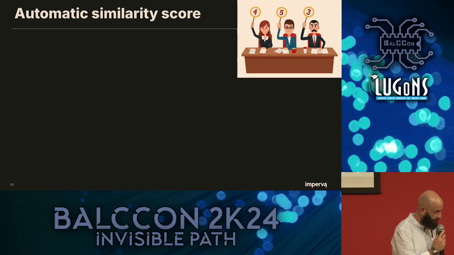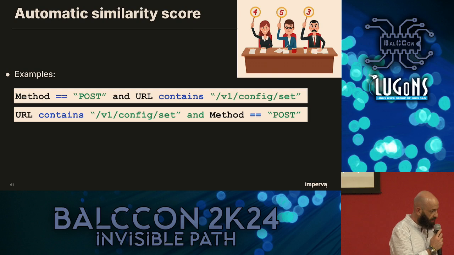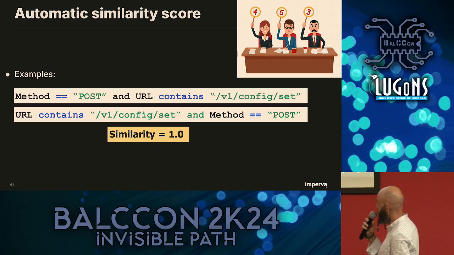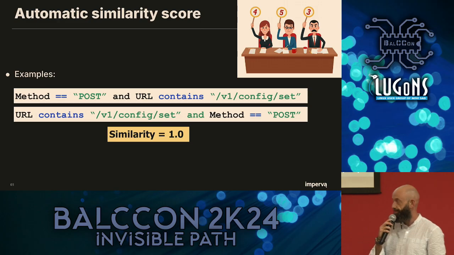Let me show you an example. In the case of these two rules, you can see that they are identical, only the order of the parameters is different. The method here is in the beginning and here it is in the end, but all the rest is the same. So here the similarity is 1.